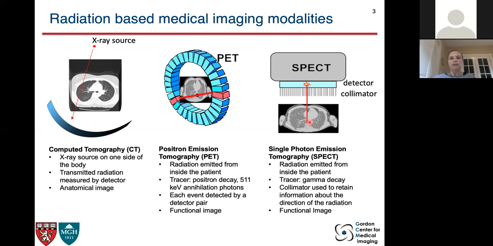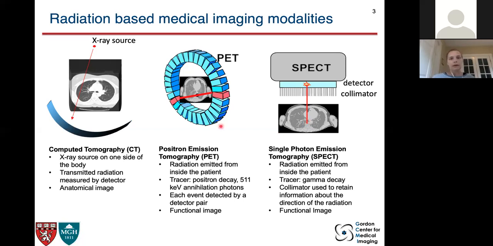In both cases, the radioactivity is emitted from inside the patient, and the goal is to image the distribution of the radio tracer within the body to get a functional image, because this distribution is related to different functions in the body depending on what tracer you use.